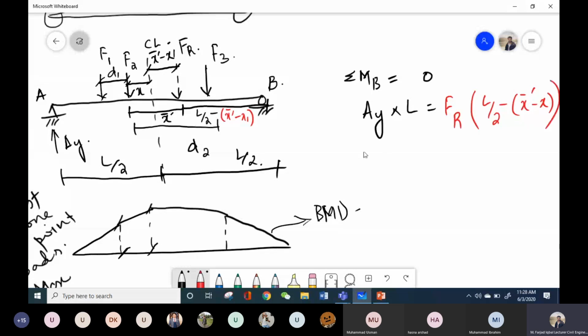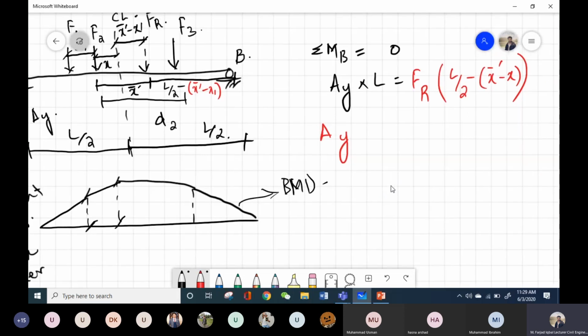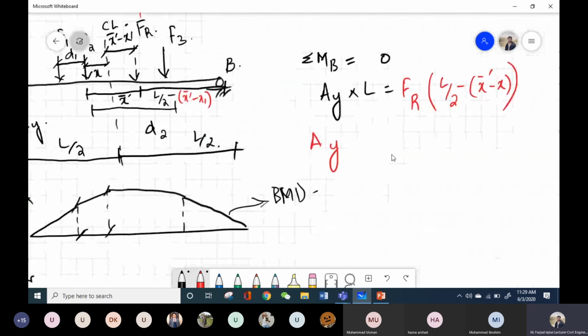So AY will be, obviously I can take each of these forces separately, or I can take only this resultant force. In that case I will have only one force, because the resultant has already taken in the impact of all three forces together.